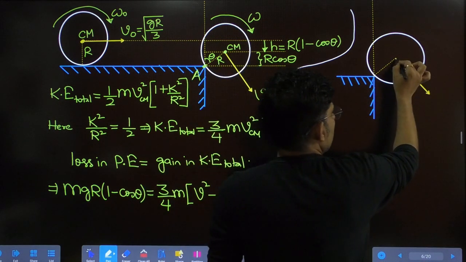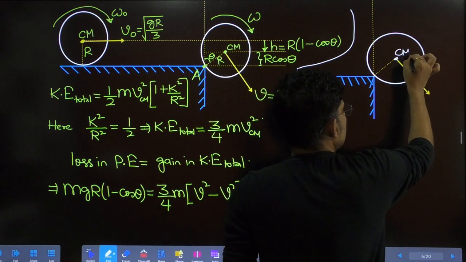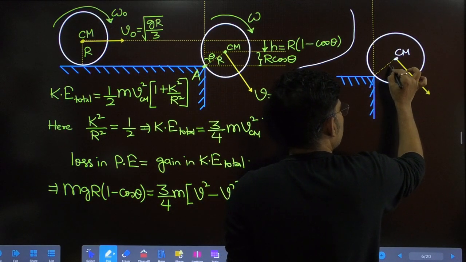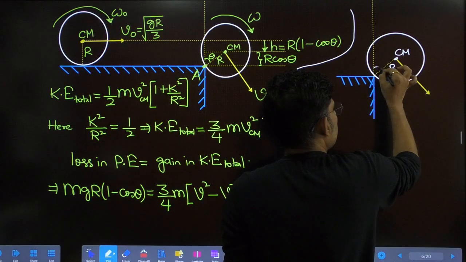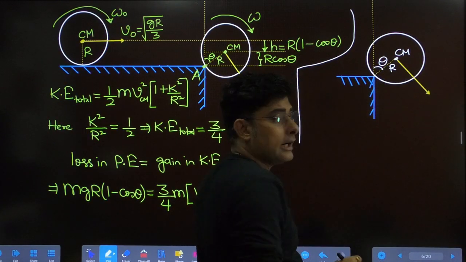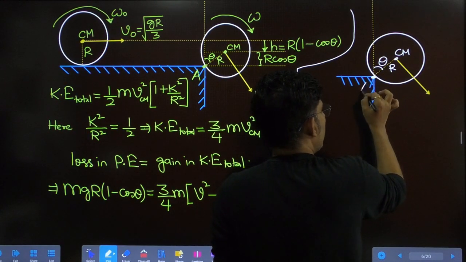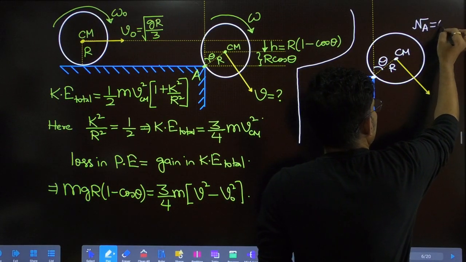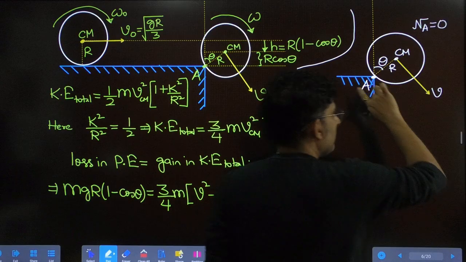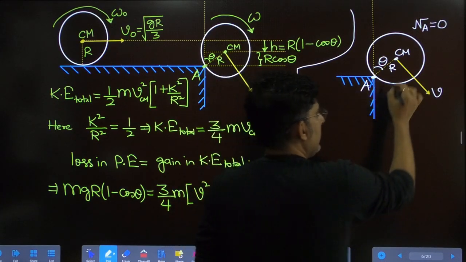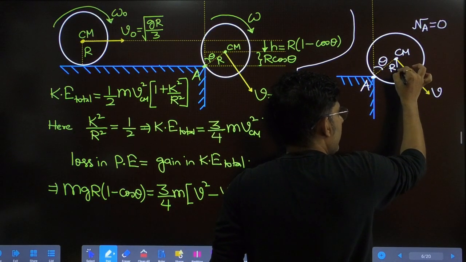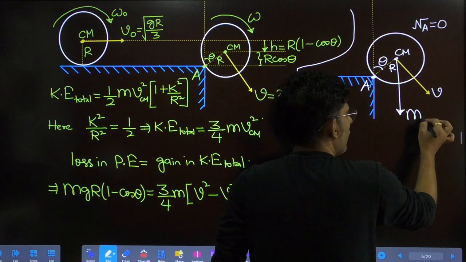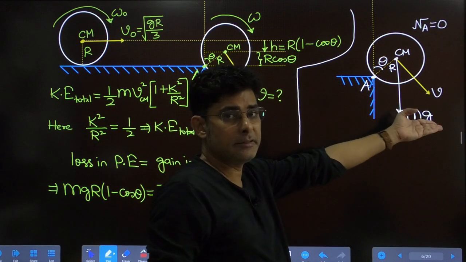Here the center of mass is turning along a circular path whose radius is capital R, and it has turned by an angle theta where contact is lost about the point A. So here the normal reaction is 0. But the center of mass is moving in a circle about the point A, so there should be a force providing its centripetal acceleration. Which force is left? The only external force acting at this instant will be mg.